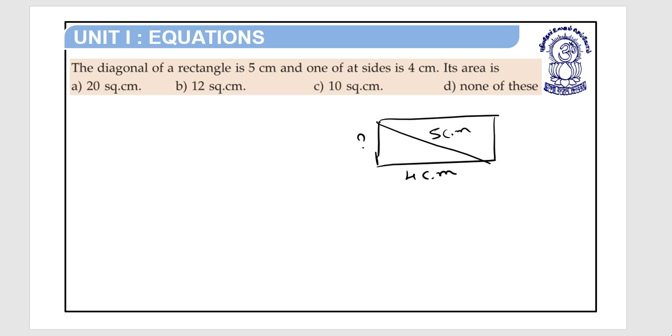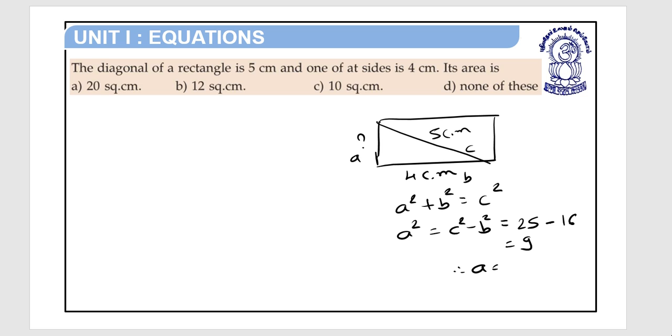Apply Pythagoras theorem. a square plus b square is equal to c square. So a square is c square minus b square. c is equal to 5, so 25 minus 4 fours are 16 is equal to 9. So a is equal to 3.